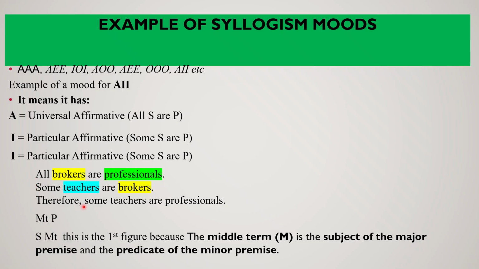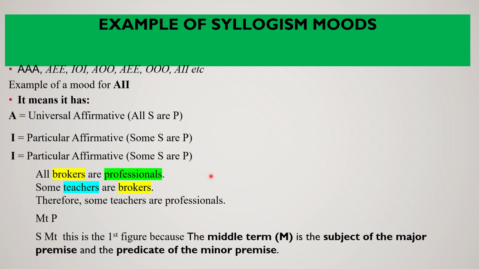And then you conclude by saying, if some teachers are brokers and brokers are professionals, therefore some teachers are professionals. When you write this, you add that the middle term is the word brokers, because it is appearing twice in both premises, and the word professionals is the predicate of the conclusion, and therefore the first premise is the major premise and the second one is the minor premise. That is, you will have answered the question about the moods.